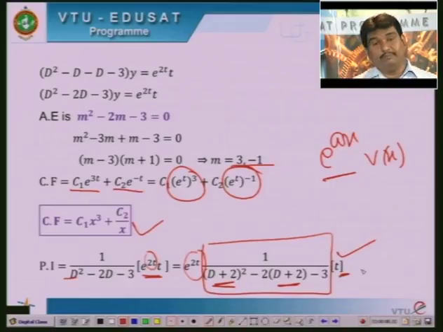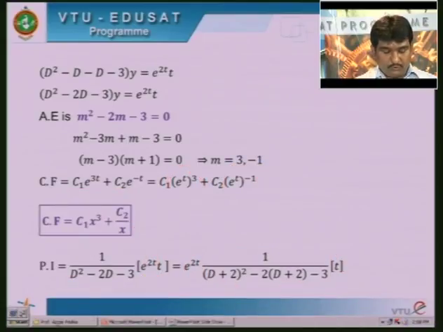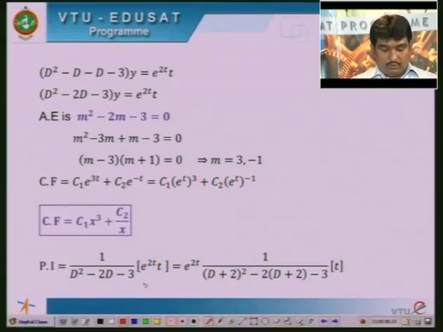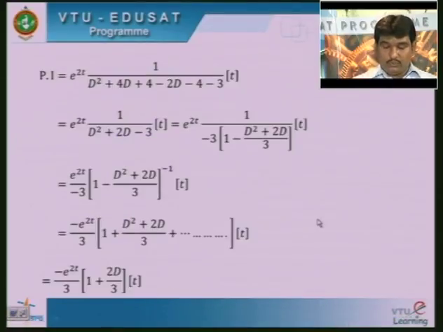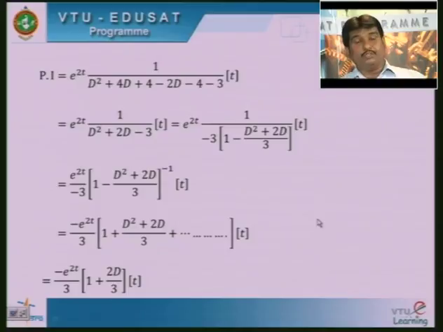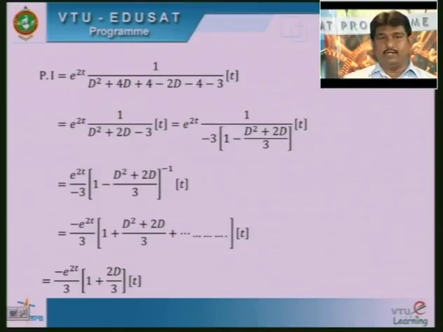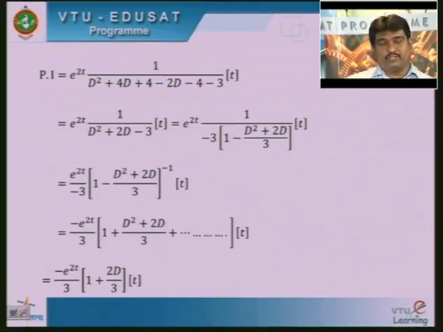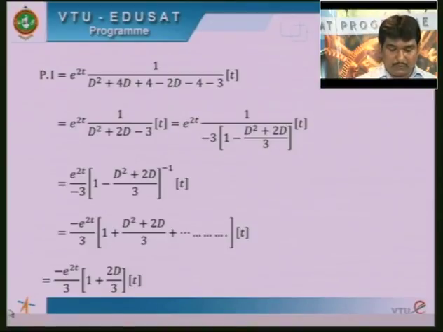This is a polynomial. So two methods as I mentioned earlier. Okay, now you simplify this to get e to the power of t into 1 by D square plus 2D minus 3 operated on t. Here we have used a binomial expansion. 1 divided by minus 3, I have taken minus 3 outside, so it is 1 minus D square plus 2D by 3 whole operated on t.